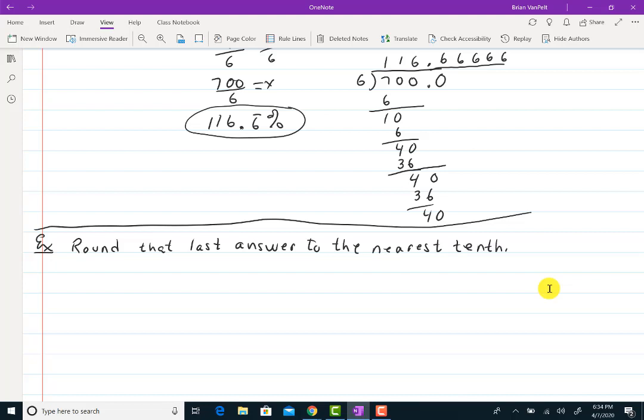So this works out for this problem because that specifically talks about a decimal. I'm going to be looking at 116.6, and these 6's go on forever. So the tenth spot is circled. The digit after the tenth spot says to round up this time. So I'll have 116.7% will be my rounded answer.